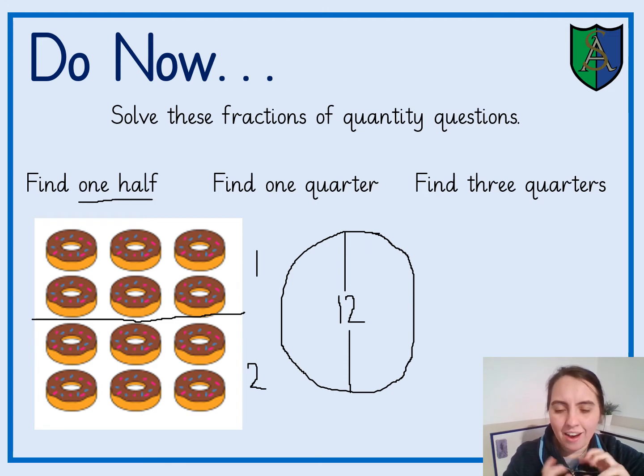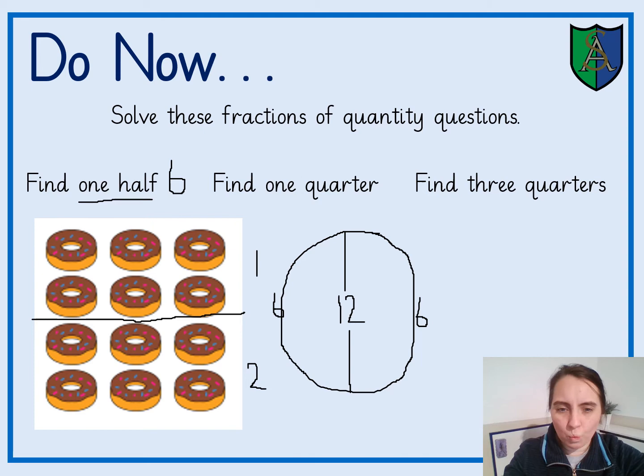How many are each of those worth? Excellent, they are worth 6. So I'm going to draw a 6 here and a 6 there, because 1/2 is worth 6 and the other half is worth 6. So finding 1/2 of 12 is equal to 6. I'm going to write that up there.